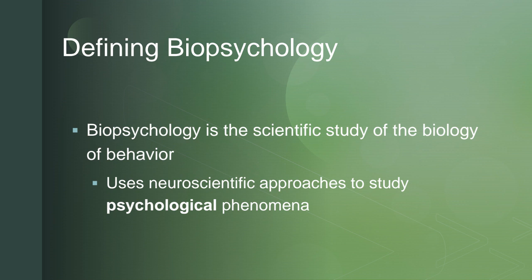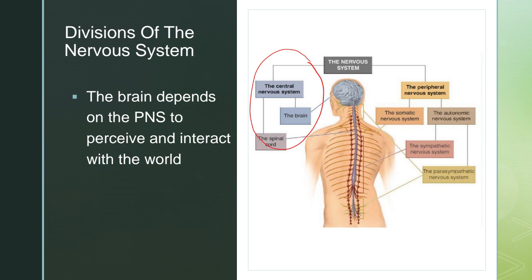So what are we going to be talking about? Well, we're going to be talking about the nervous system. But we're going to be talking about the central nervous system in this course. And obviously, the brain, very important for this class.